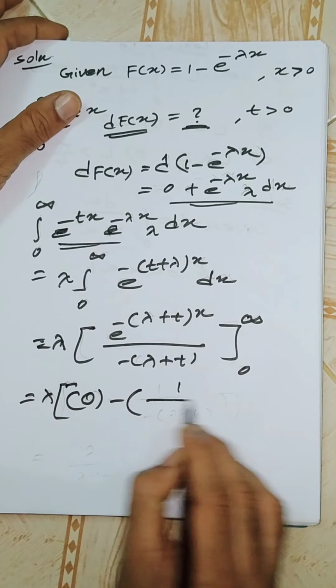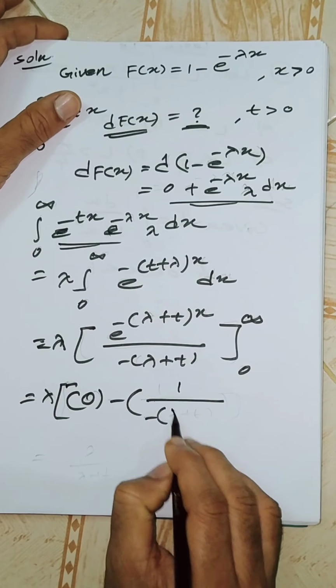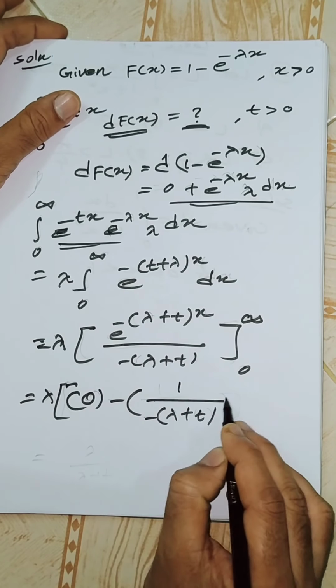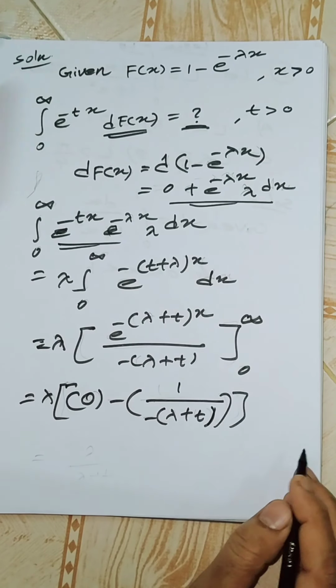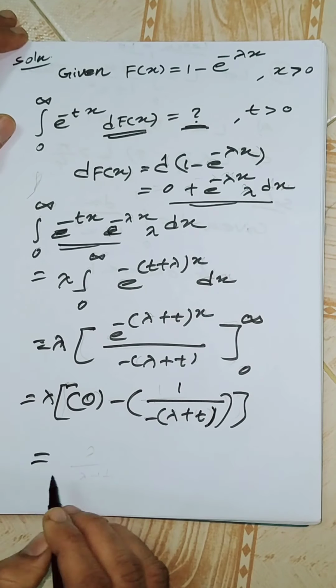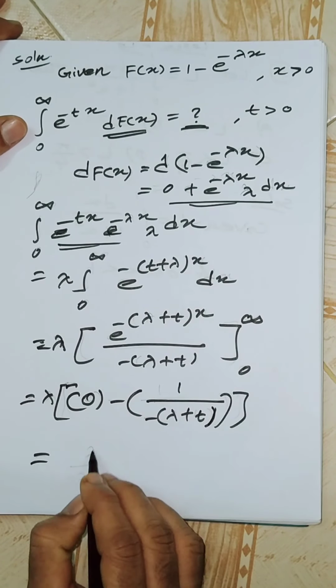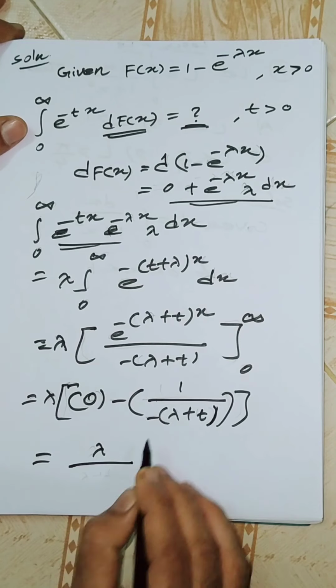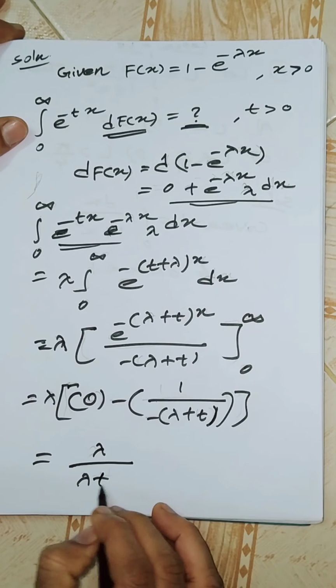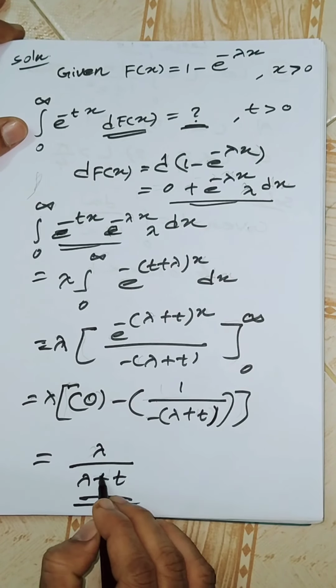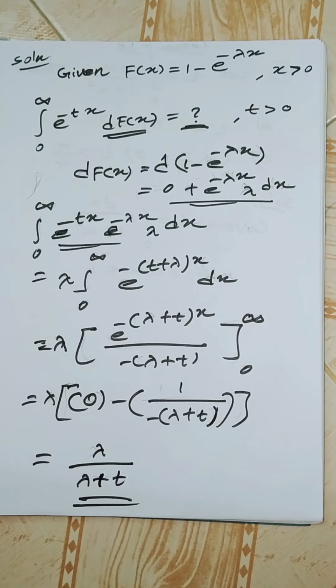So that is e power 0, 1, divided by minus of lambda plus t. Is it right? Now finally we are getting minus into minus, plus. So in the numerator lambda into 1, lambda divided by lambda plus t. Is it right? Sum over. So very easy to get the 3 marks. Very easily we can get 3 marks.